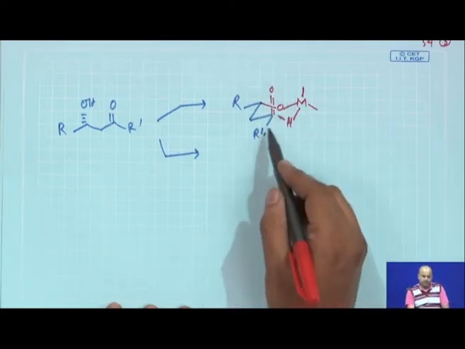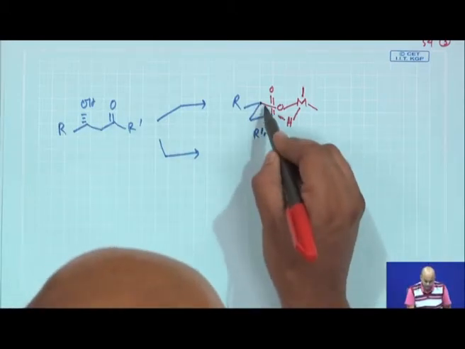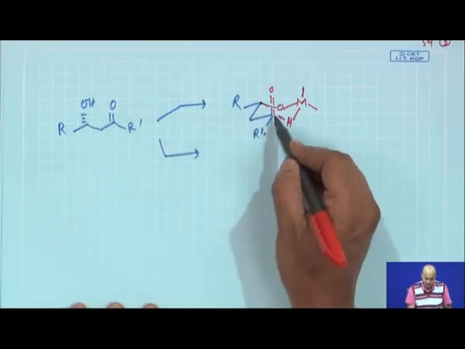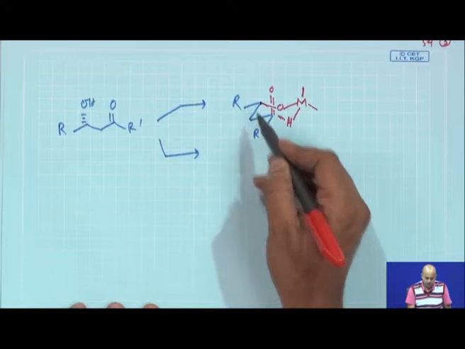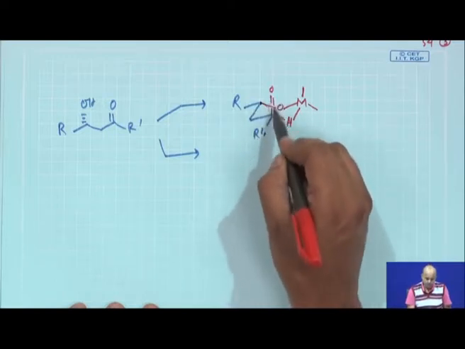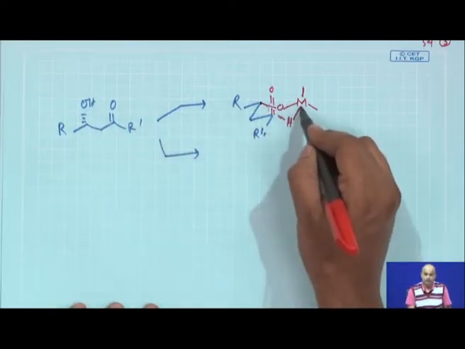Okay. So, this is the compound written here, OH is below, and then you write the 6 member transition state where R and R1 are put in the most stable equatorial form, the carbonyl is fixed like this, and then this OH is available for coordination with this metal center.